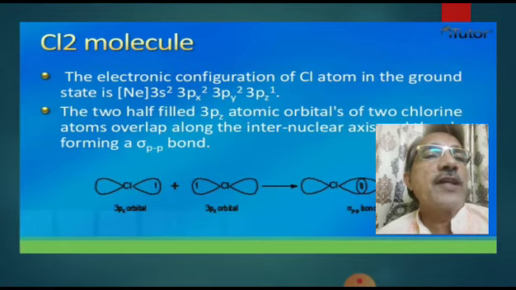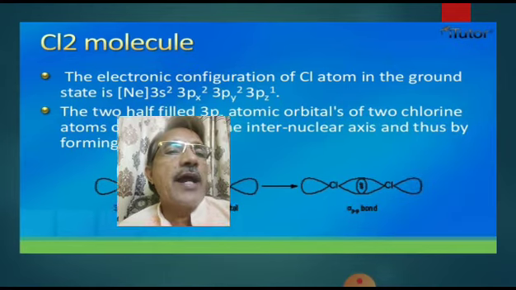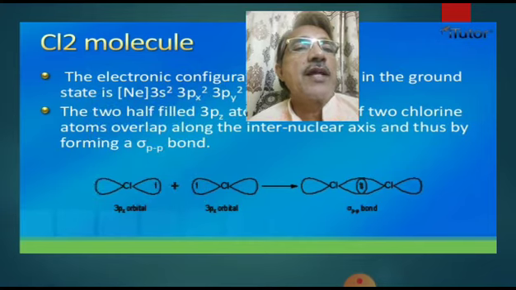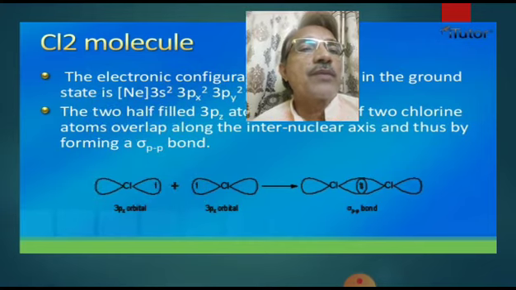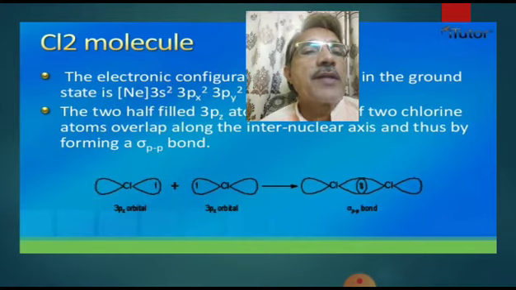The two half-filled 3pz atomic orbitals of two chlorine atoms overlap along the internuclear axis, thus forming a sigma pp bond. You can see the 3pz orbital of one Cl atom and the 3pz orbital of another Cl atom.